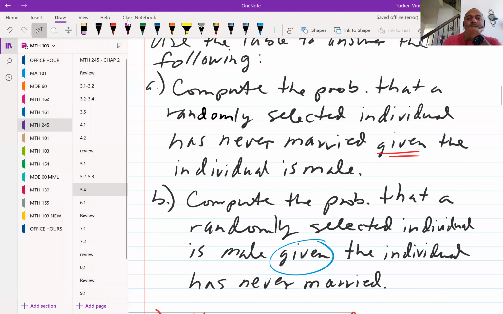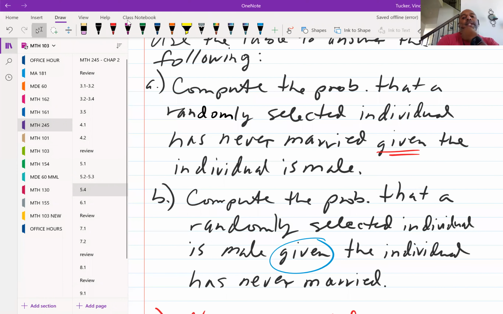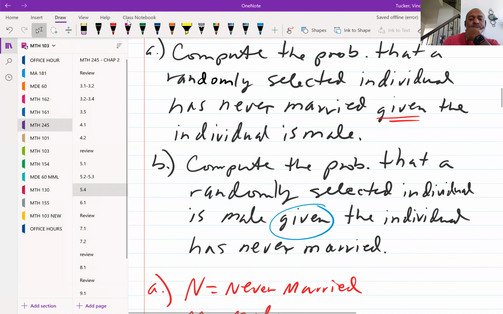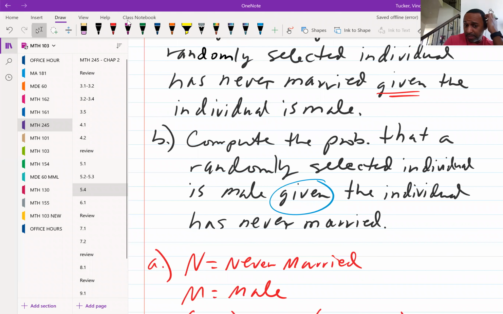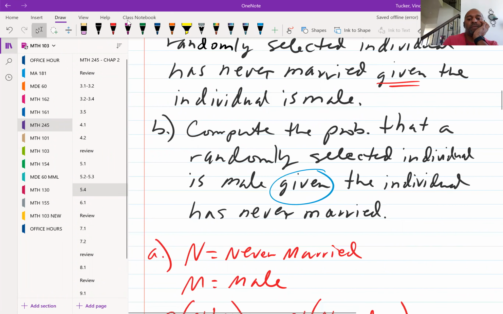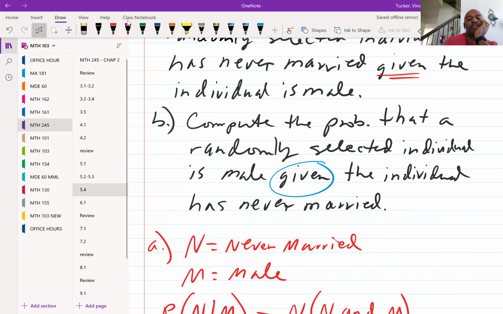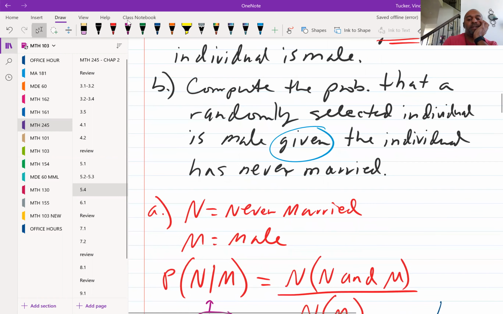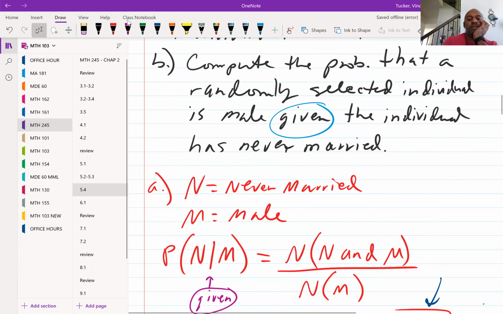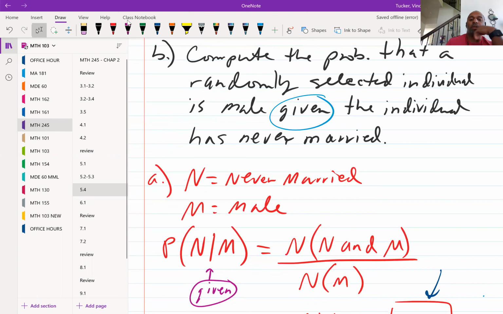All right, so let's look at A. Compute the probability that a randomly selected individual has never married, given the individual is male. I'm going to call N never married and M male, just for labeling purposes, shorthand. According to the wording, this would be our symbolism.